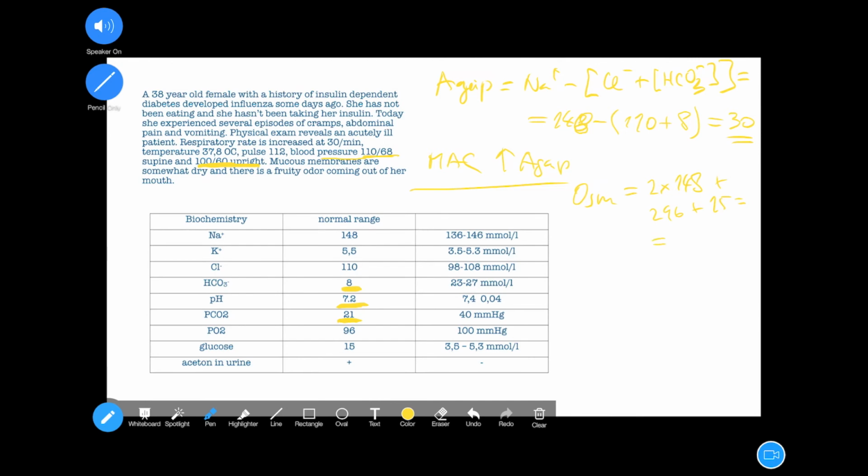So it's 300 to 311. Yeah, am I right? Yeah, if it's 15, yeah. Good. So she's hyperosmolar, obviously, and if you check the pH, then tell me, is it fitting the formula or not? Look at that.